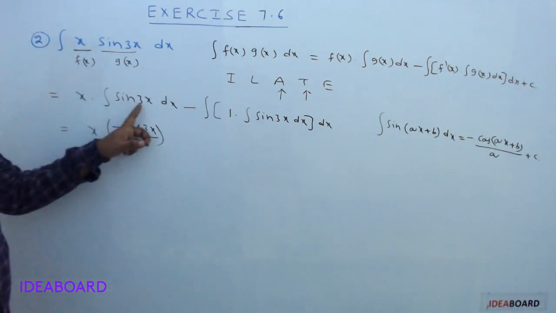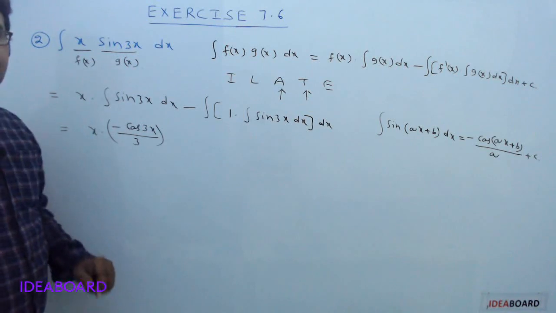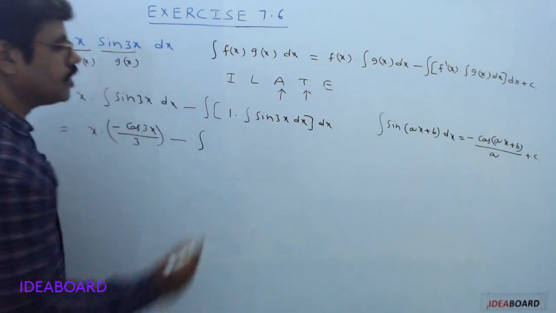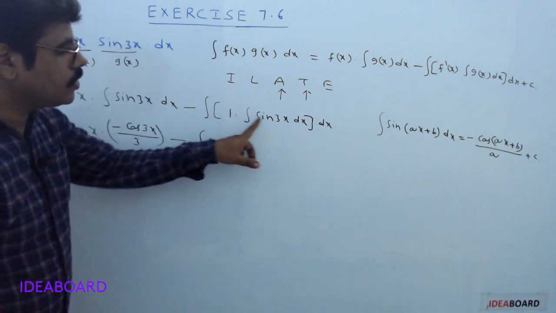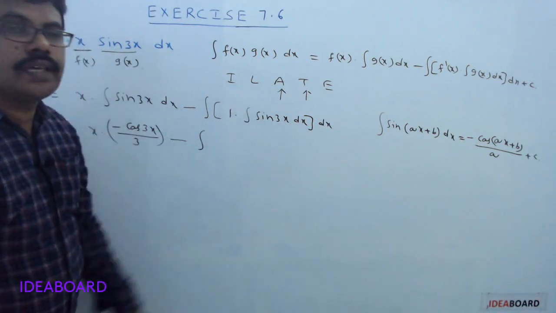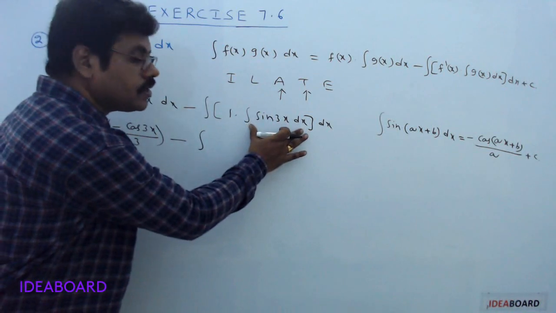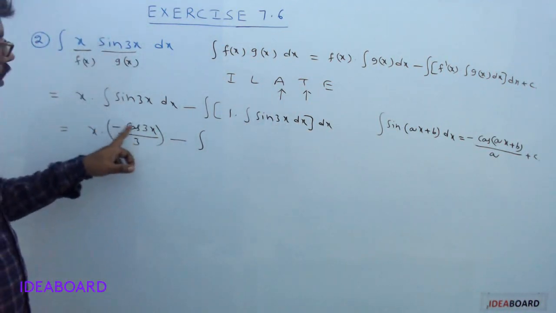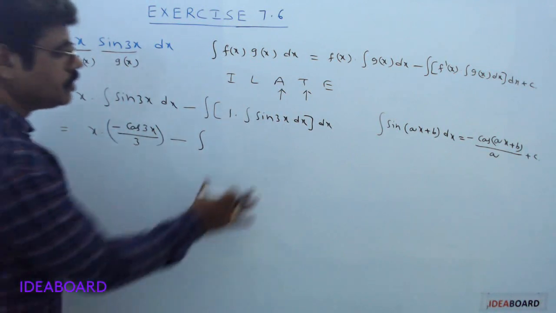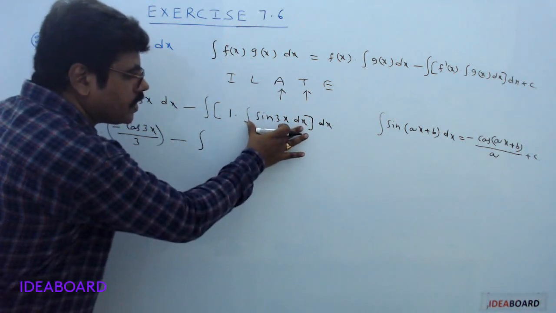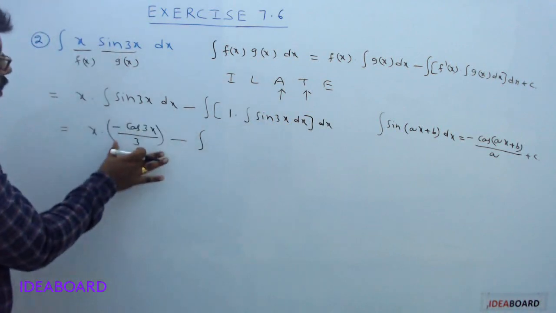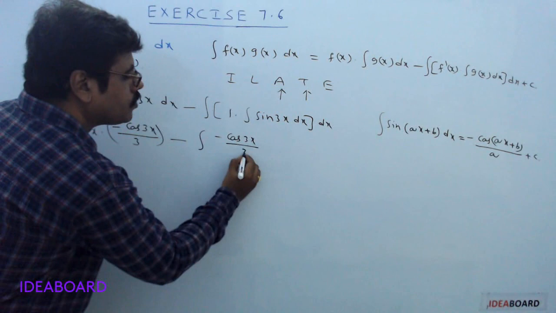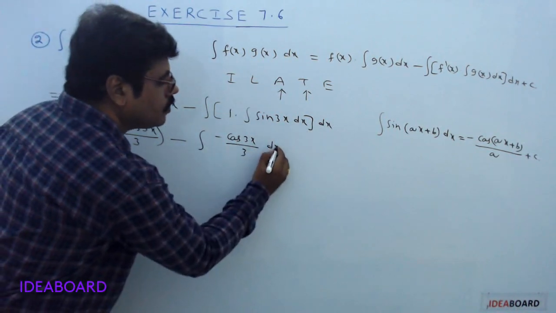So integral sin 3x dx is minus cos 3x divided by 3, minus integral of 1 into integral sin 3x dx. The value of integral sin 3x dx is minus cos 3x divided by 3, so you can substitute that, into dx.